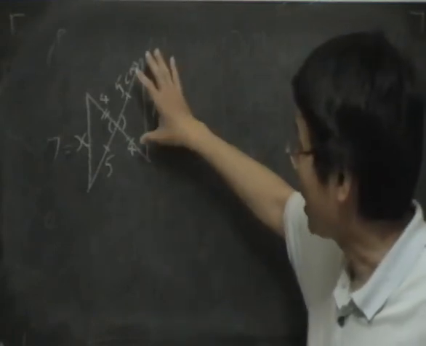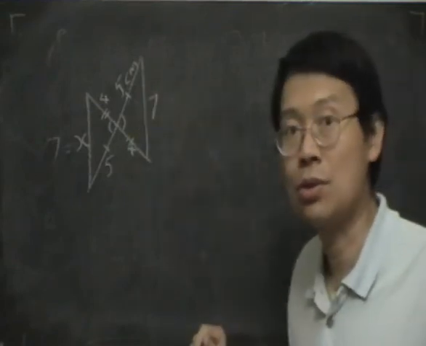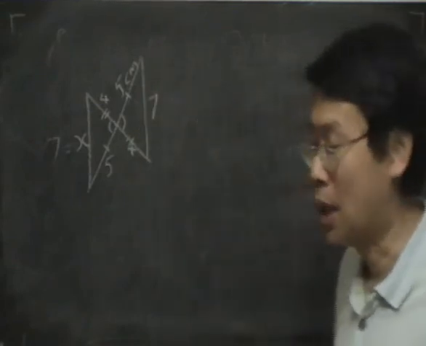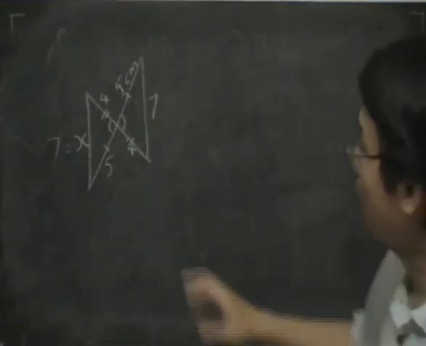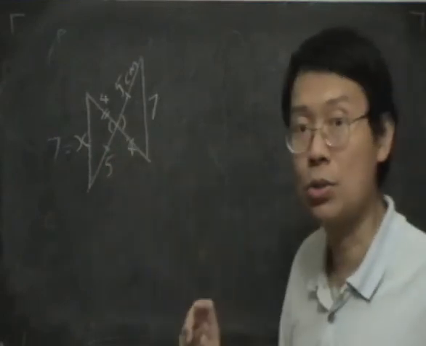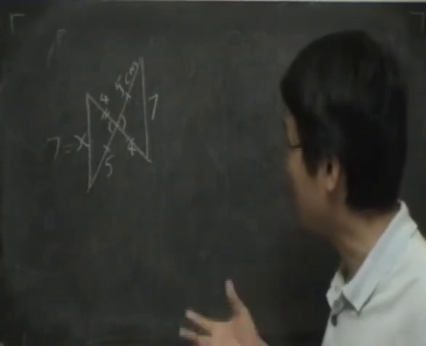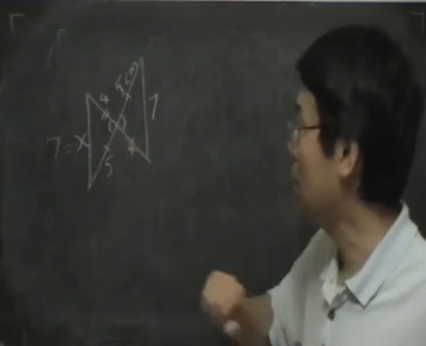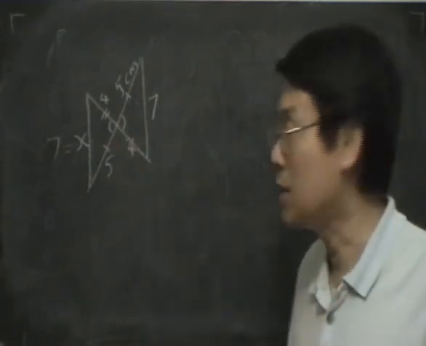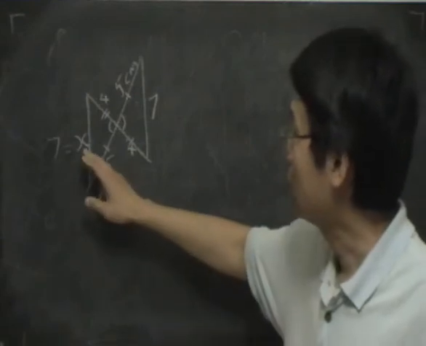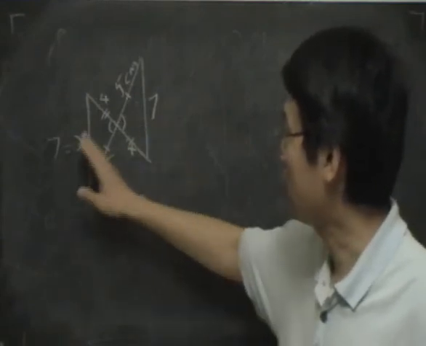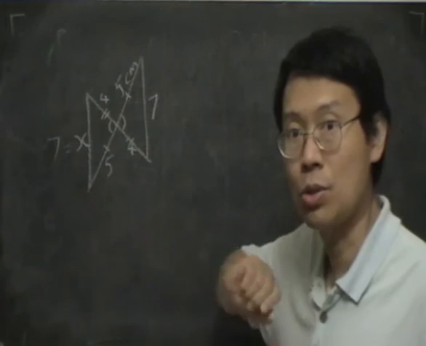You don't know all the lengths, you don't know all the angles. You just know one or two of them, and then you have to try to decide whether the two triangles are congruent. And if you can decide that they are congruent, then you can immediately find some of the sides that are unknown.